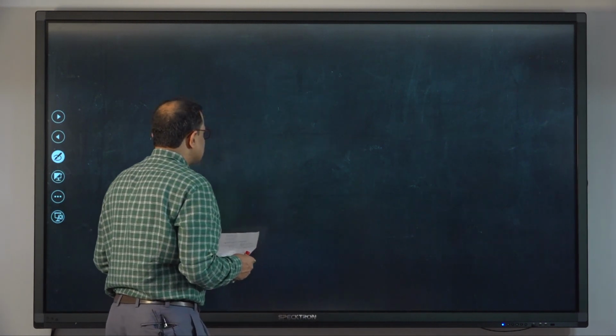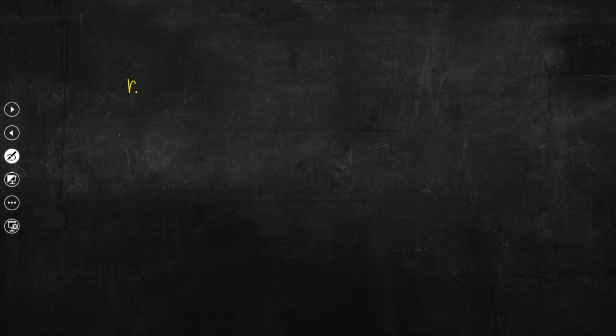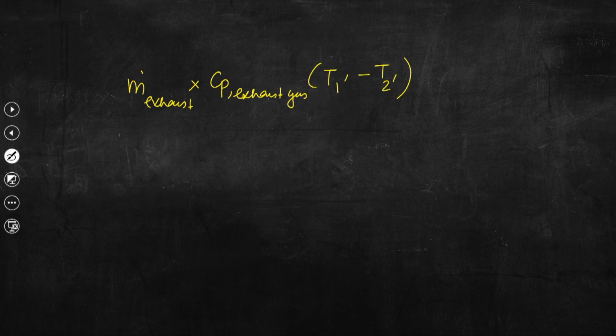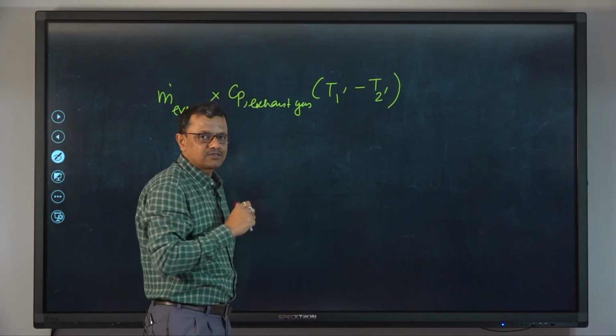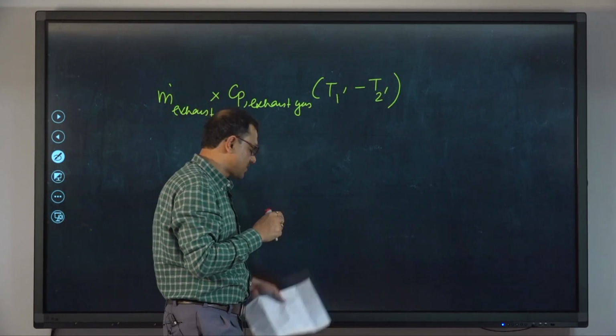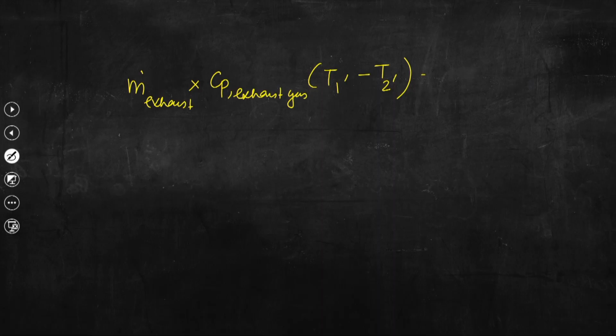If that is the case, then we can write m dot exhaust gases into Cp exhaust gas into T1 prime minus T2 prime actual. So, not isentropic. This is the isentropic expansion, this is the actual expansion in the turbine, equal to 34.15.